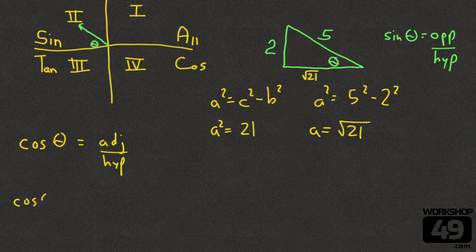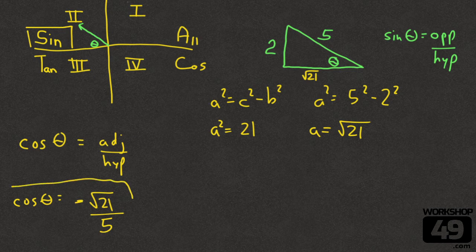So our cos of theta will equal our now known adjacent side of root 21 over the hypotenuse 5. Double check now which quadrant we're in. We're in quadrant 2. Quadrant 2 says only sine is allowed to be positive, which means this cos answer must be negative. Box our answer. That looks fabulous. It is so beautiful. It is correct.